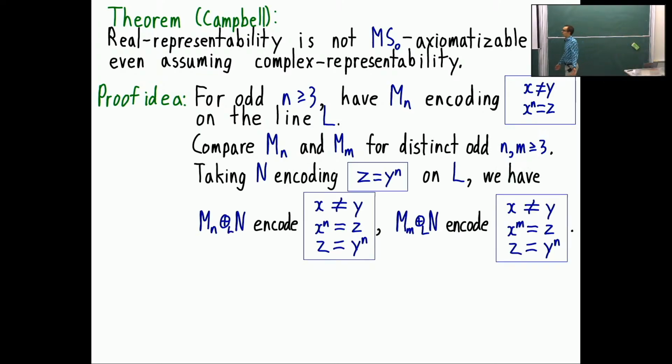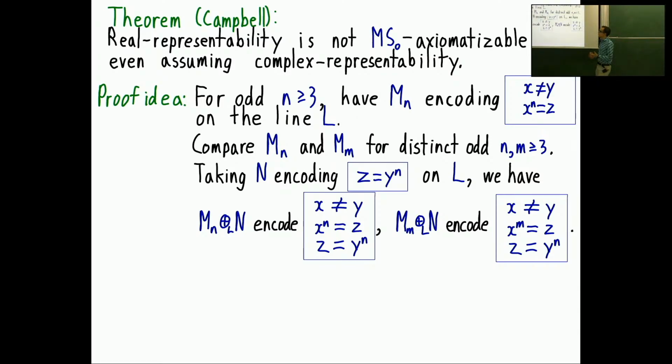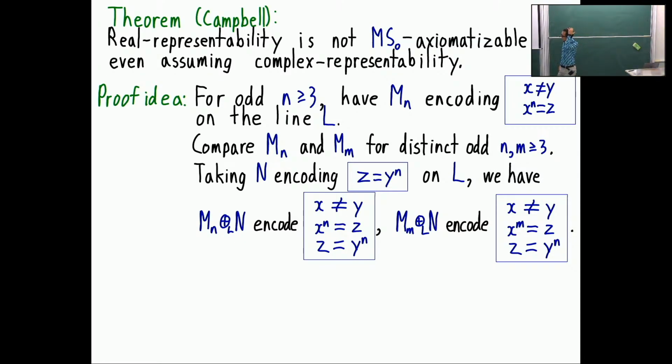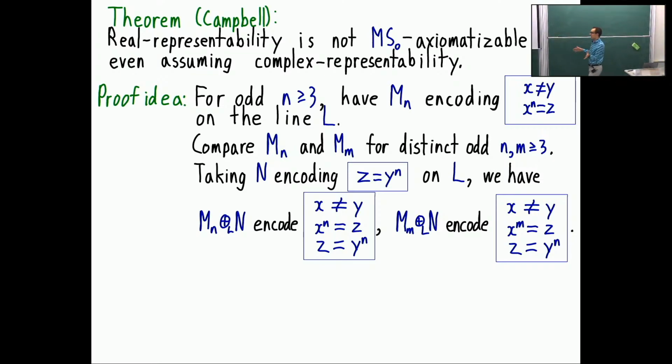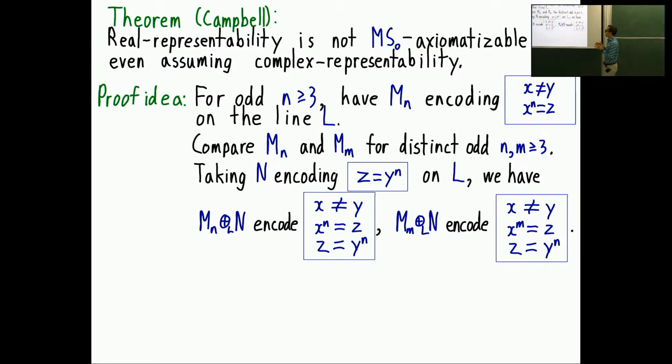If we have a matroid that encodes z equals y to the n on this line, then if we have the amalgam where we've glued these two matroids on the line L, the amalgam with our first matroid M sub n encodes z having two distinct nth roots, whereas the latter encodes that the nth and mth root of z are distinct, which is just true of the reals.